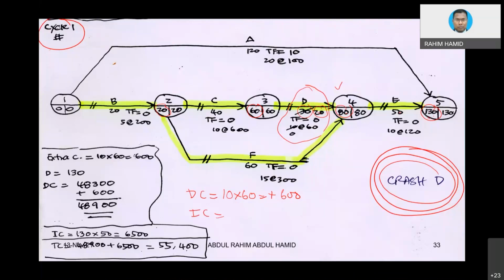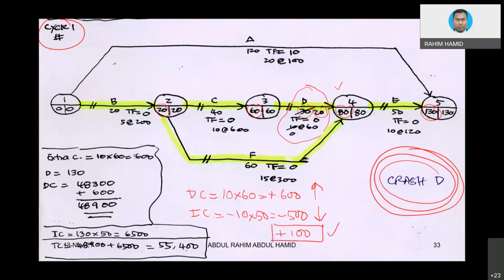How much is the rate of indirect cost? It is basically 50 ringgit. 10 times 50, we are going to have negative 500. So the net increase is the difference between the direct cost increase and the indirect cost decrease due to reduction in time. So actually the net is only 100. This is what we call additional cost.